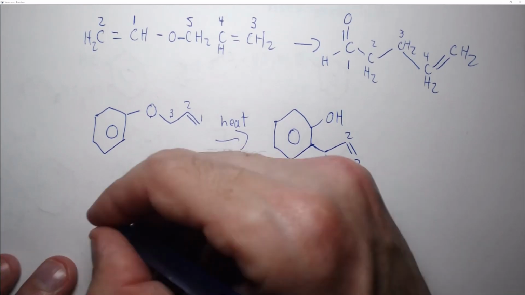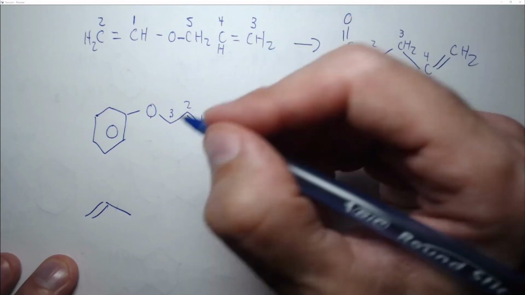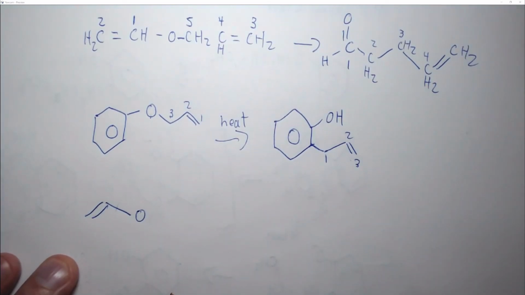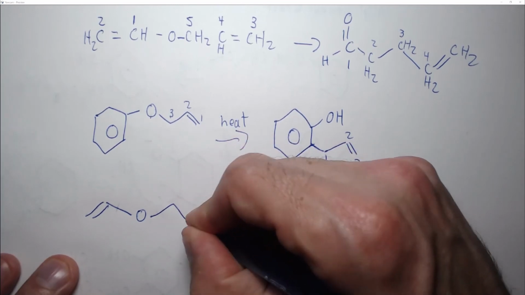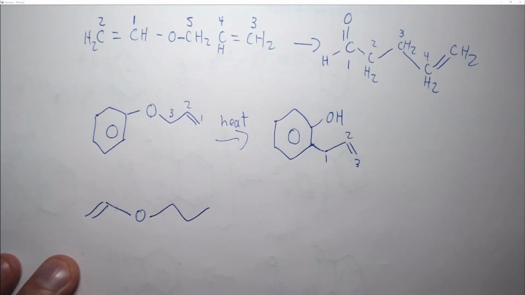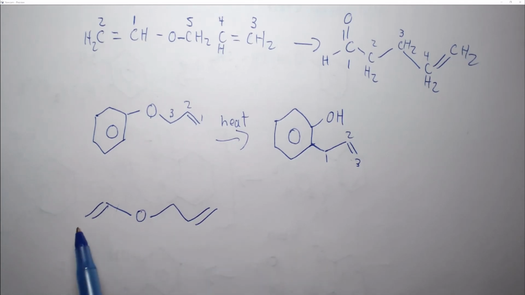Let's look at another example. And I realize these are the same examples that we already did. I'm just showing them a different way. So here we have an oxygen, and here we have a molecule like this. So we have an allyl vinyl ether here.